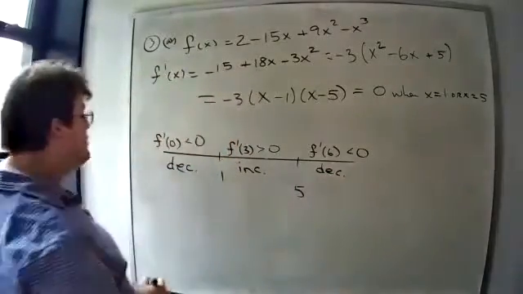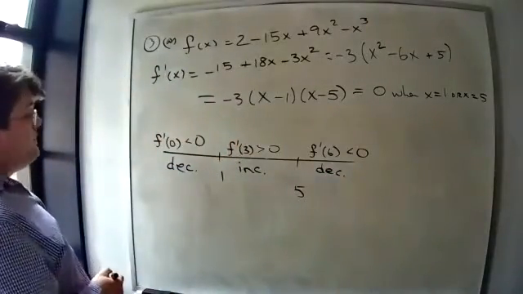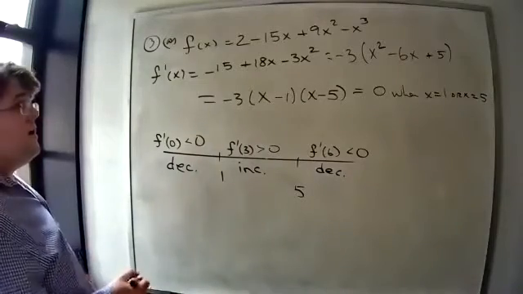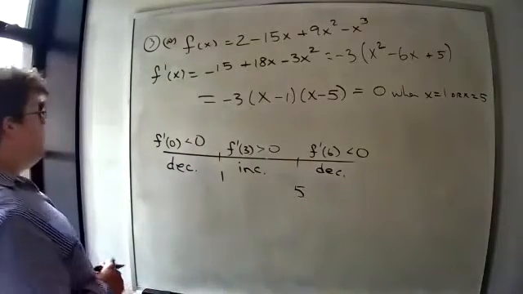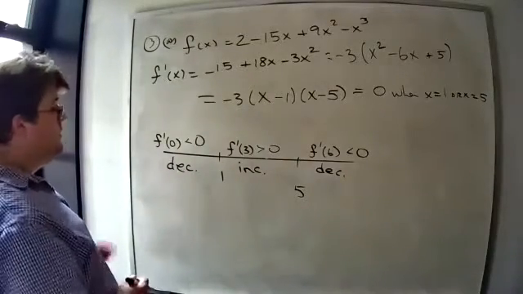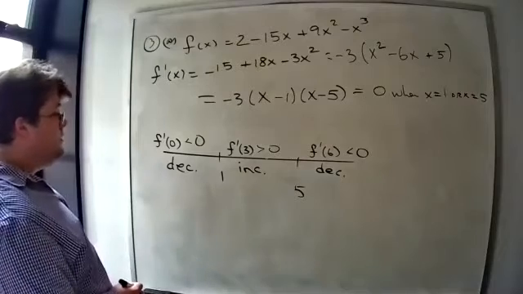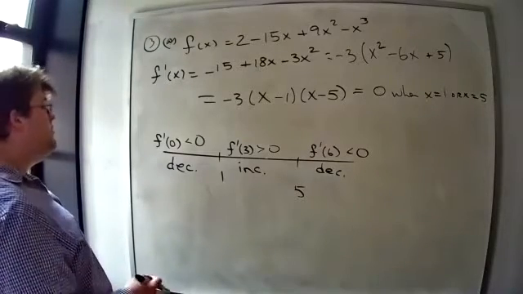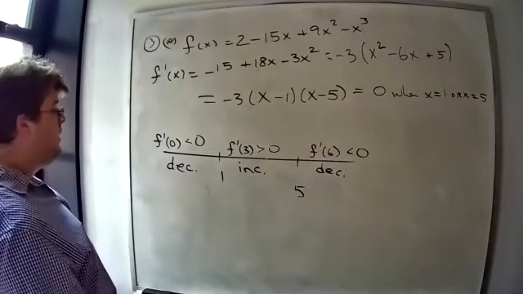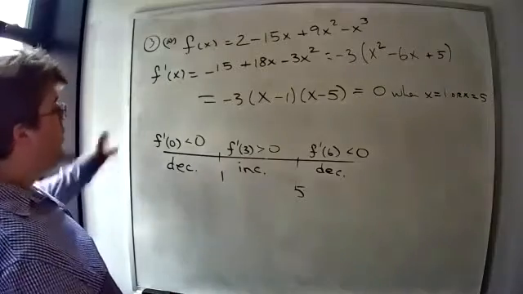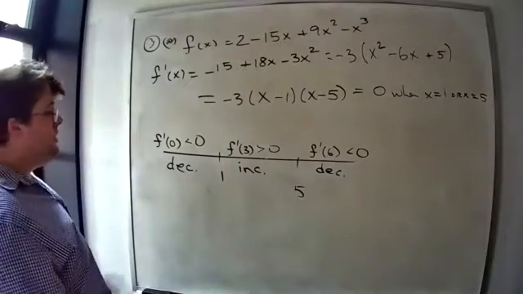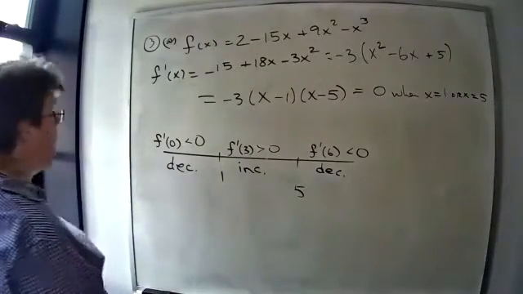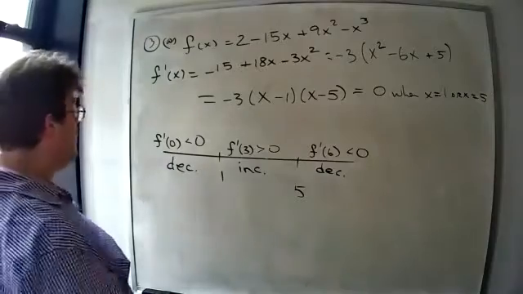So the function is decreasing 5 to infinity. And with all of this analysis that we're doing, we're using information from the derivatives to determine the behavior of our original function. So the goal here is to reach conclusions about the original function using the derivatives.